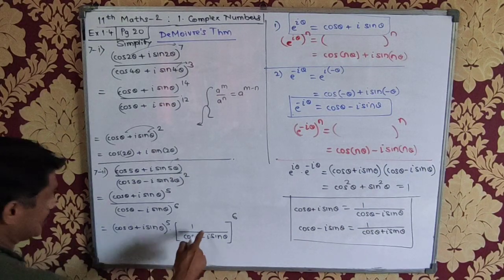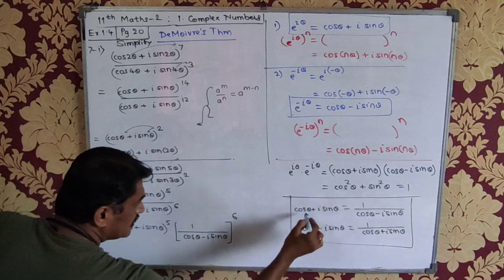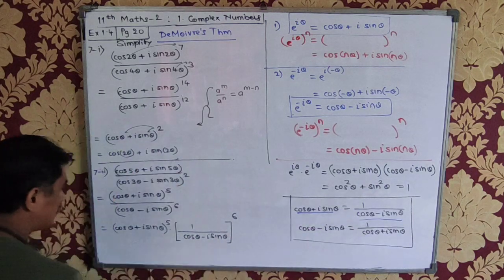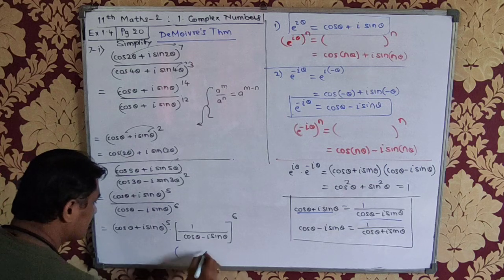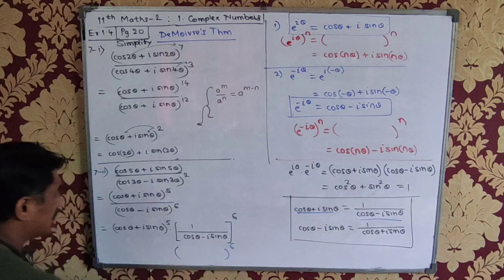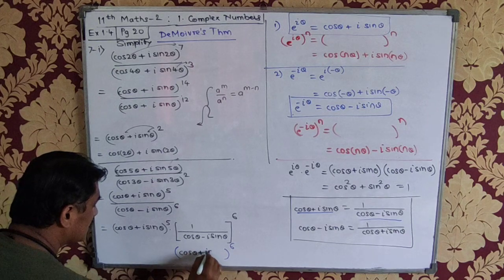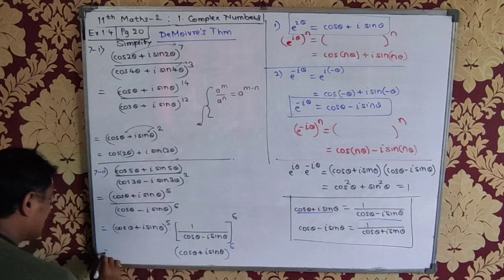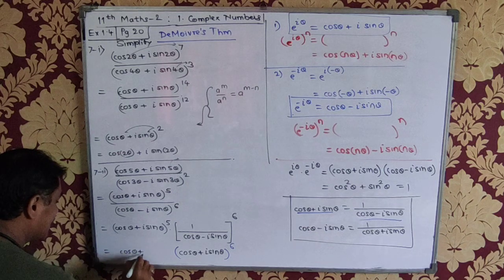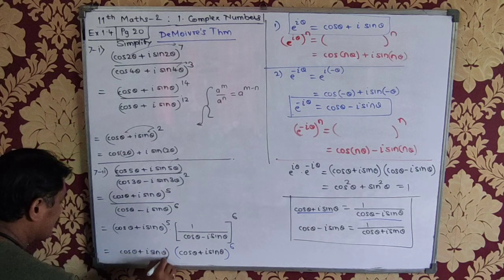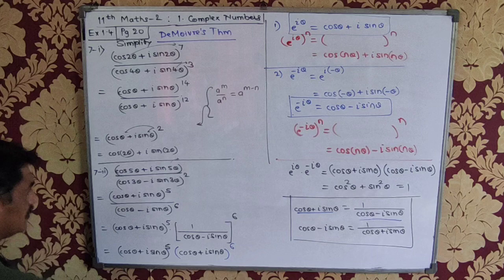Now, I know the reciprocal of this is this. So what am I going to write in place of this bracket which is raised to 6? Cos theta plus i sin theta. That's it. और ये तो as it is रहेगा, (cos theta plus i sin theta) raised to 5. So raised to 11 हो जाएगा.